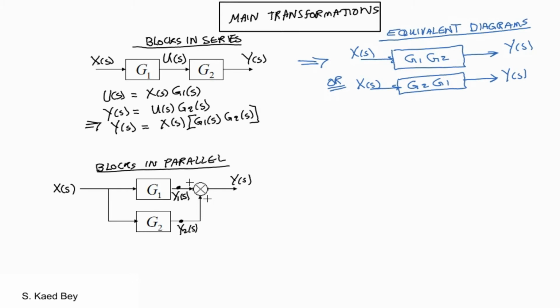Then Y1 equals X G1 and Y2 equals X G2. Y is the output of Y1 plus Y2. In this case, we can express Y as the summation as follows.